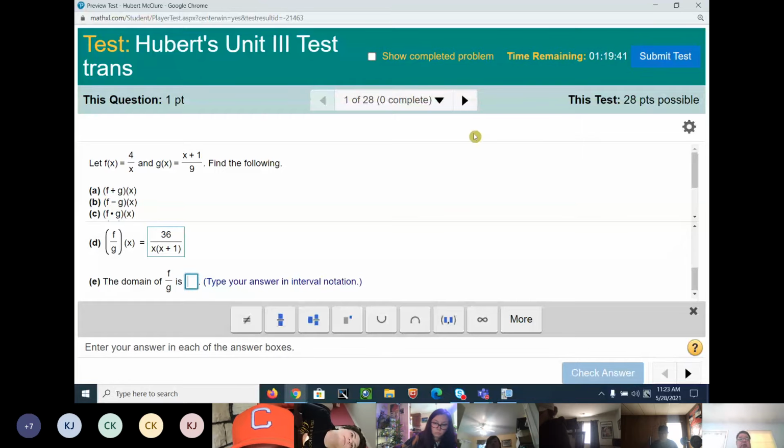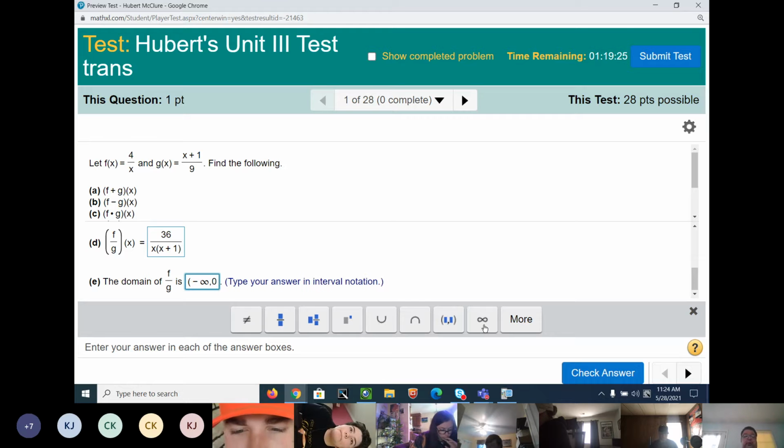So, oh, interval notation. All right, so parentheses, negative infinity to 0, exclusive, union, negative 1 to 0. That should be negative 1, sorry.